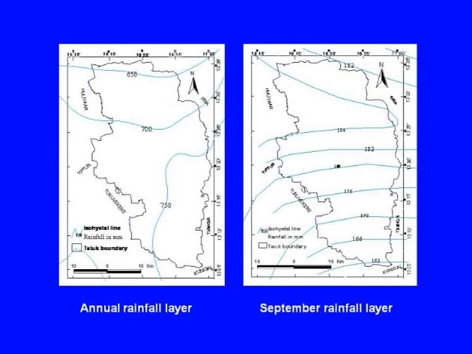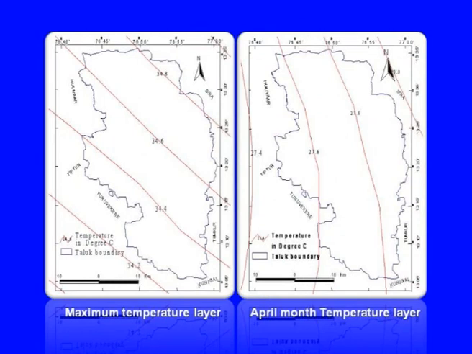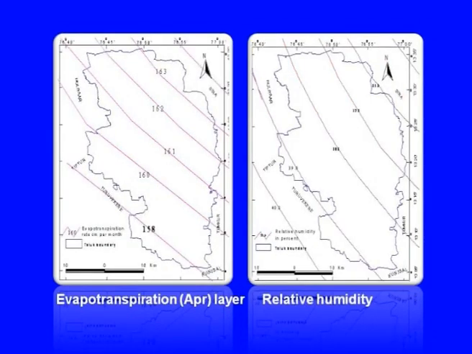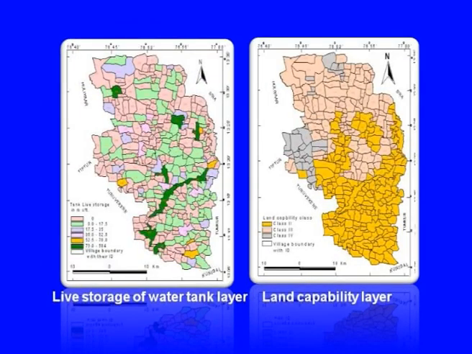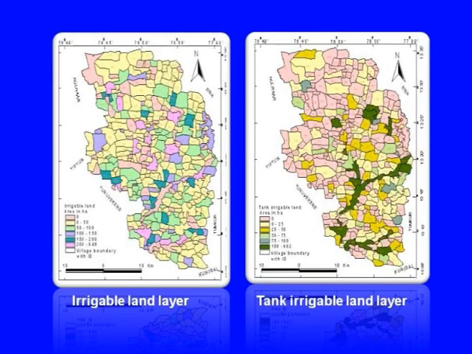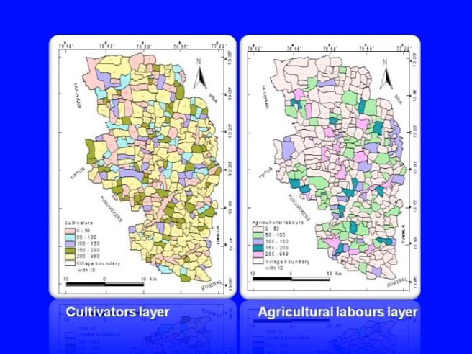Similarly, the annual rainfall map, and since we are using post and pre monsoon, rainfall during the September months also have been taken, the evaporation which is taking place, the annual evapotranspiration which is there, the maximum temperature, April month temperature, then evaporation during the month of April, relative humidity, live storage, water tank, land capability, irrigable land, tank irrigable areas, then cultivator areas, that is how many cultivators are there in each of the villages, that has been identified, agricultural labors which are there, these are all socio-economic data, basically demographic information which is there.